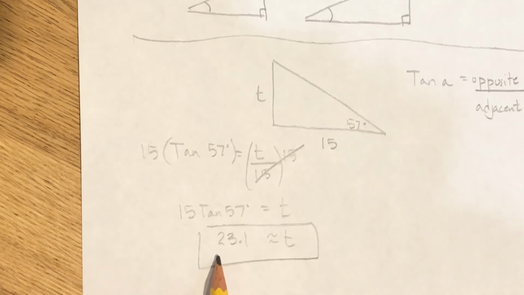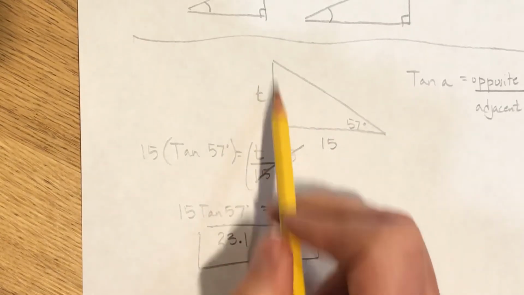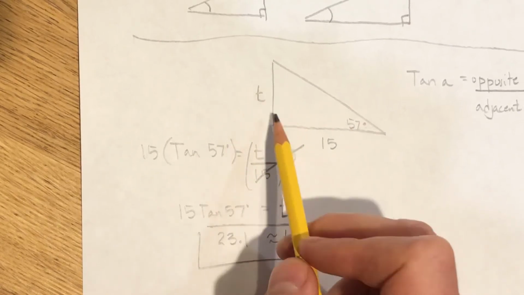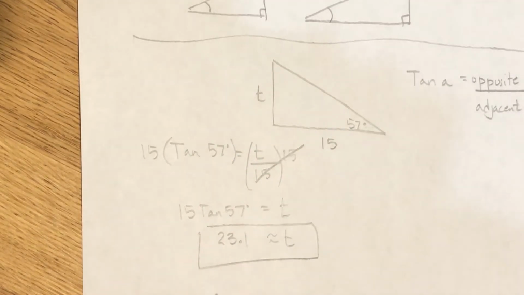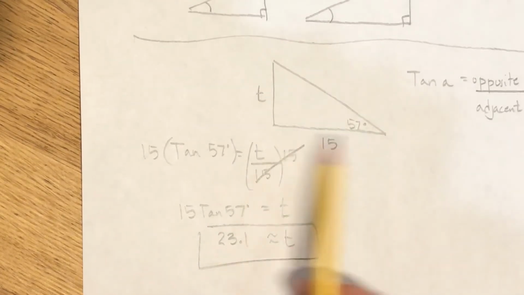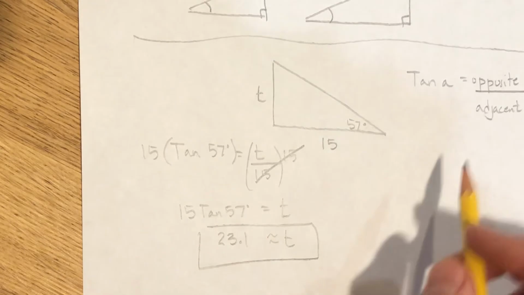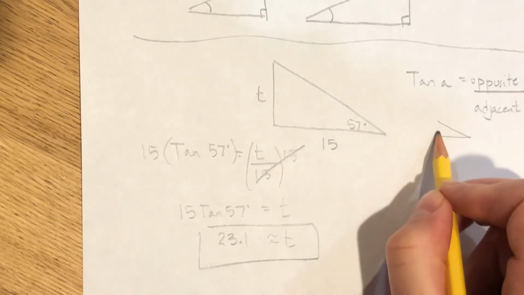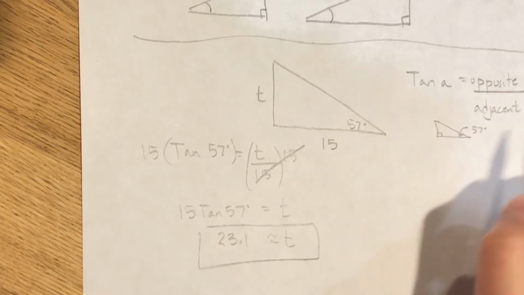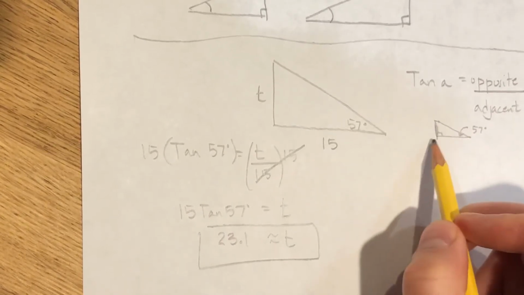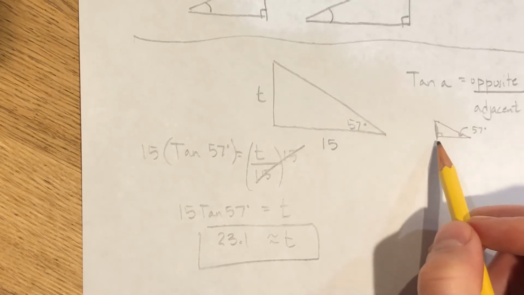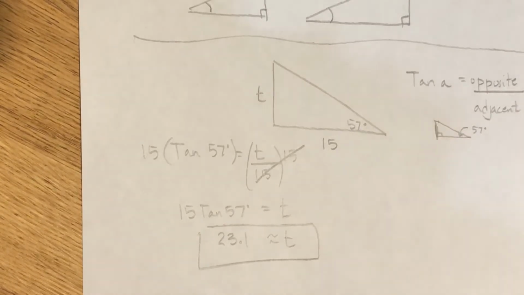What this really means is that this opposite side length, opposite relative to the 57 degree angle, this 23.1 unit long side length, is about 1.54 times longer than this 15, because that has to be true even if this were a smaller right triangle with a 57 degree angle. This opposite side would be about 1.54 times longer than the adjacent side.